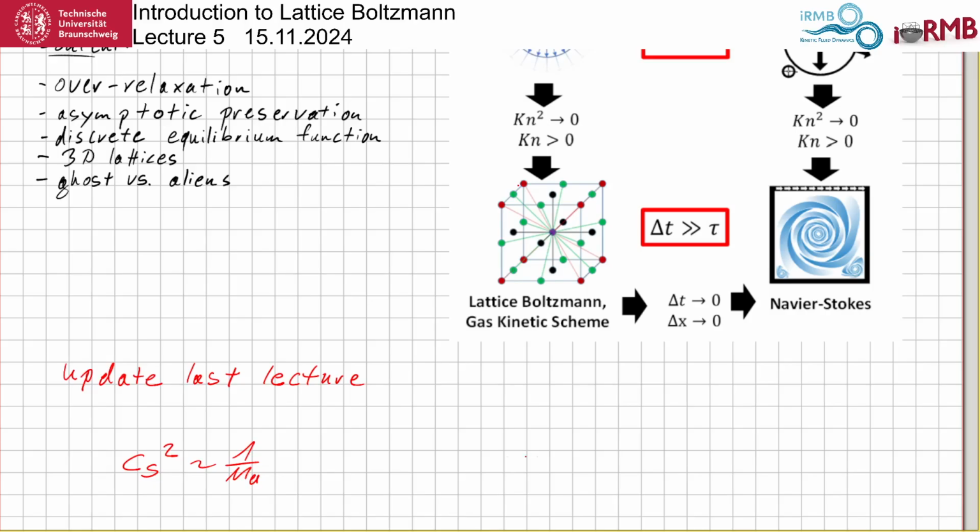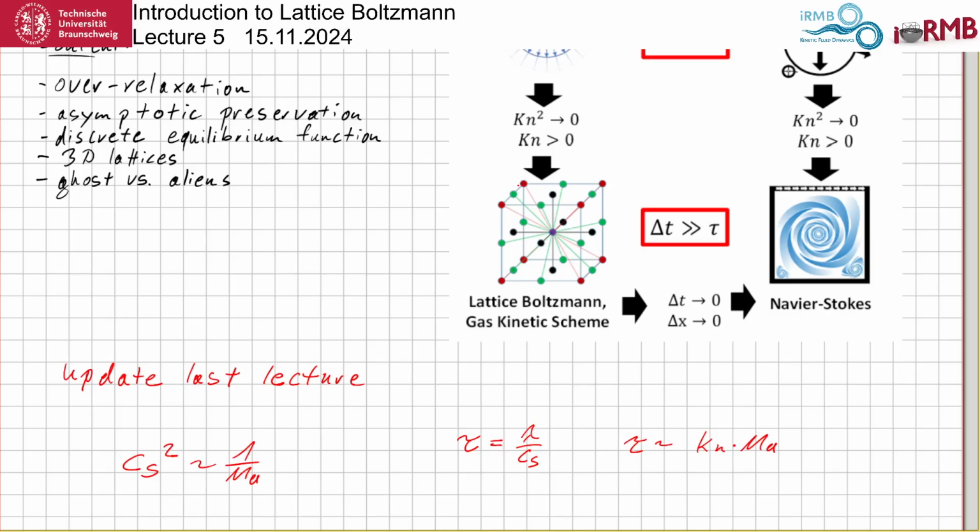As a reminder, where we came from: there was this tau, the mean free time, which is the mean free path divided by the speed at which molecules are moving, the speed of sound. And we had that this tau is proportional to the Knudsen number times the Mach number.